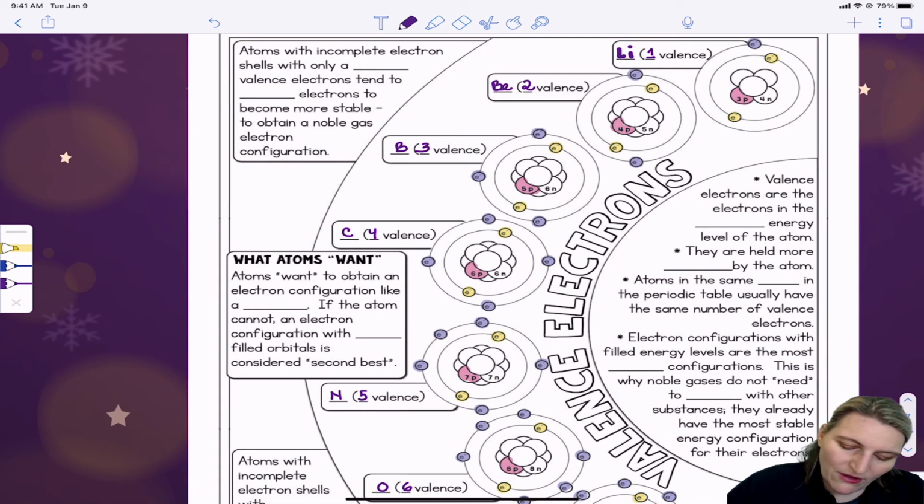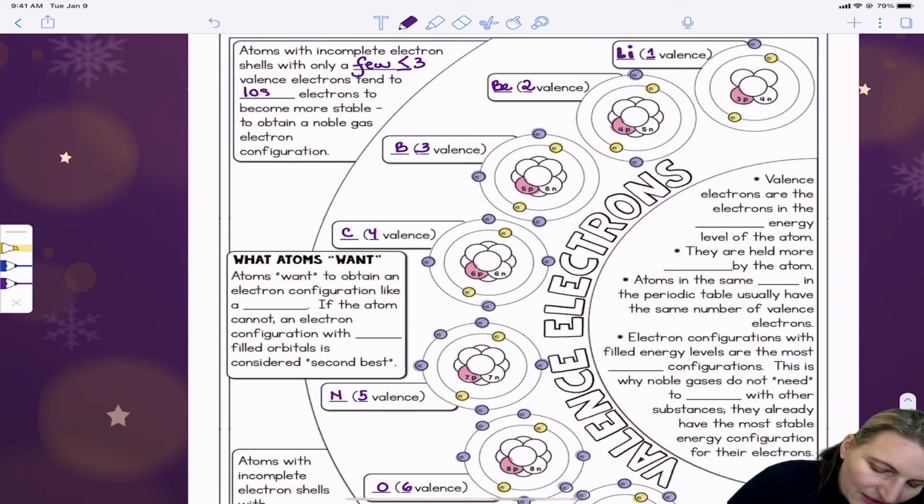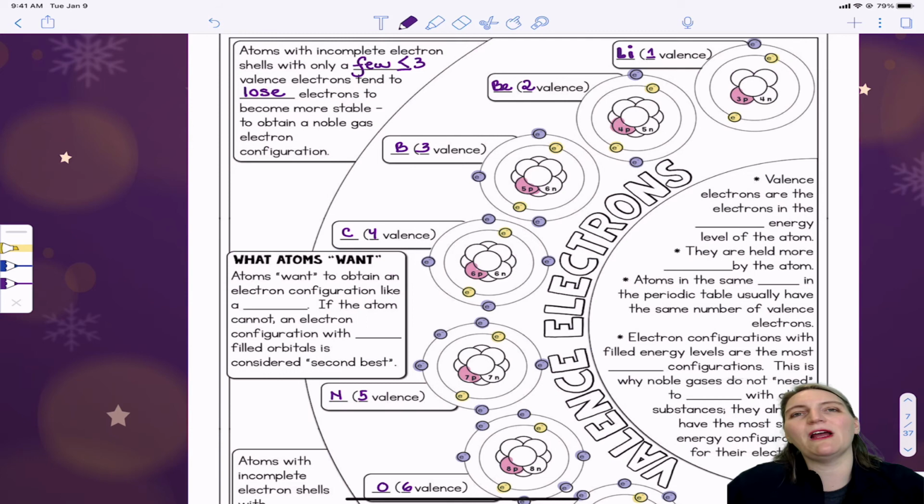So if you look at the first 3 here, these atoms with an incomplete electron shell or electron level, if they only have a few valence electrons, and when I say a few, maybe less than or equal to 3, then they tend to lose their valence electrons in order to become more stable.